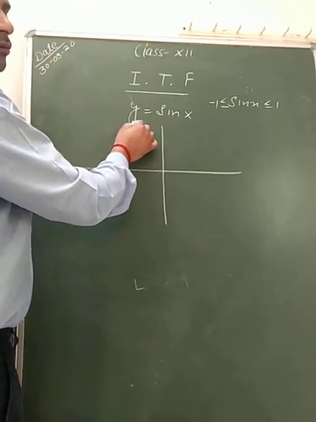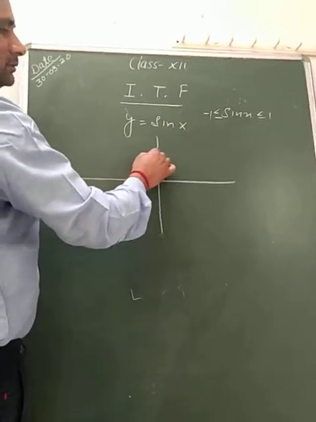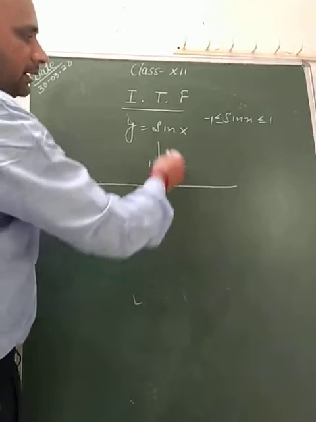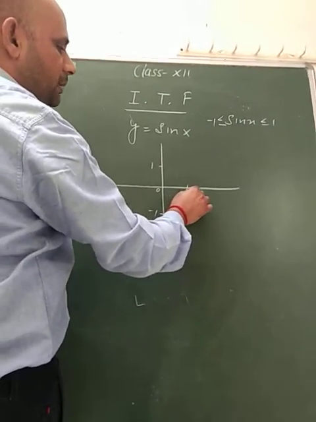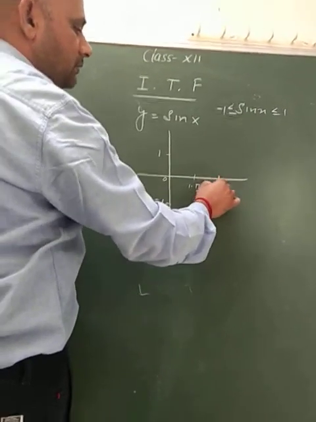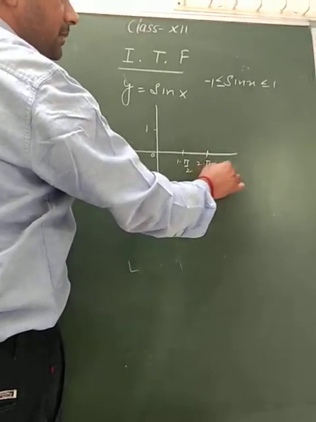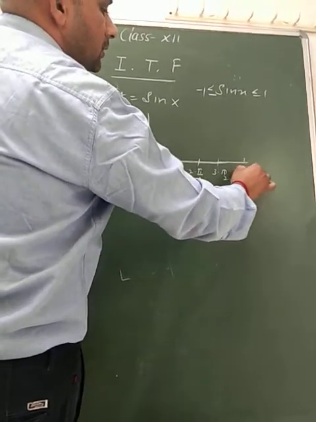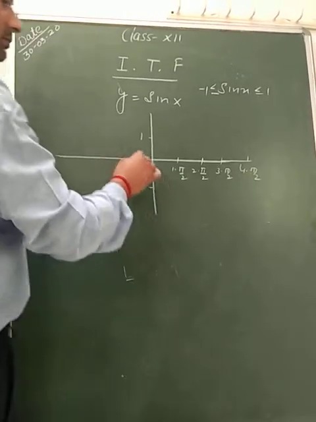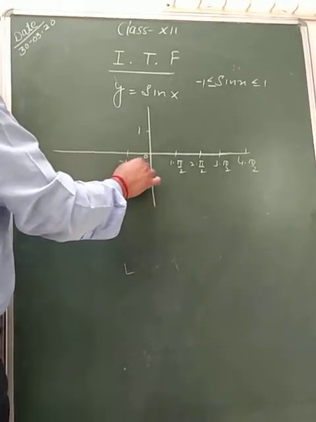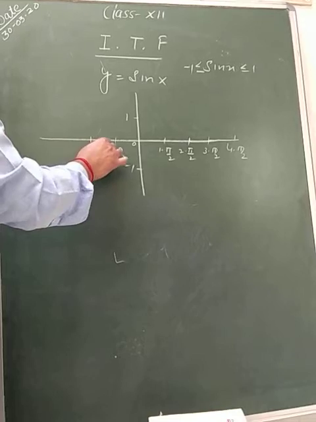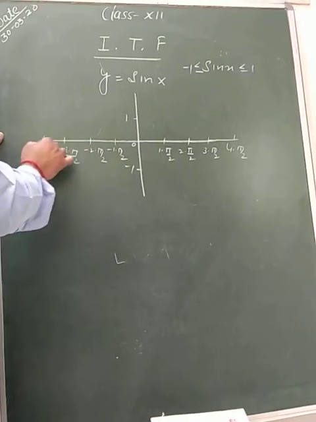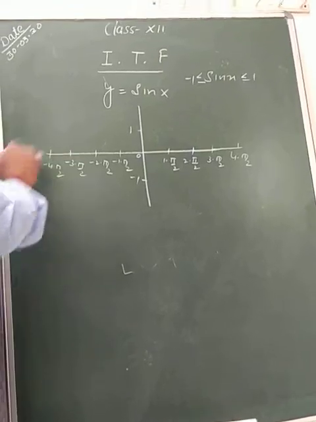So the value of y is maximum 1, minimum minus 1, and we will take multiples of pi by 2 for the graph of sin x: pi by 2, 2 pi by 2, 3 pi by 2, 4 pi by 2, and minus pi by 2, minus 2 pi by 2, minus 3 pi by 2, minus 4 pi by 2.